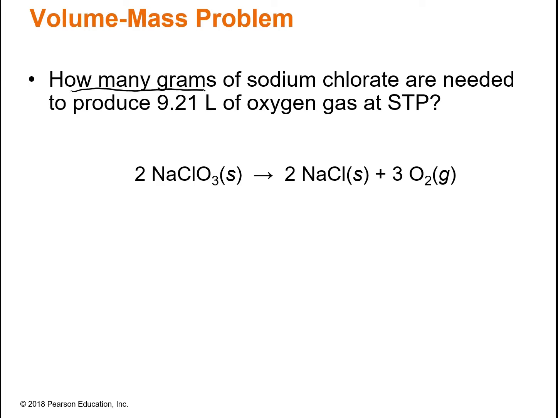The question is asking how many grams. That's a mass. The given information, which is the number, is a volume. So we're going from the volume of a gas to the mass of a different reactant.